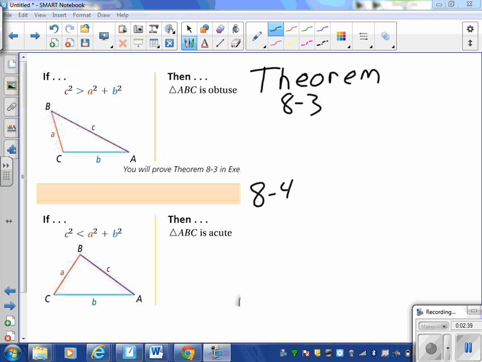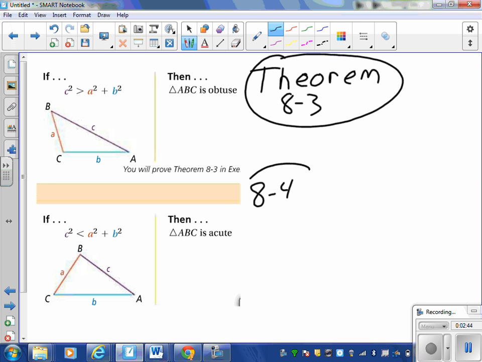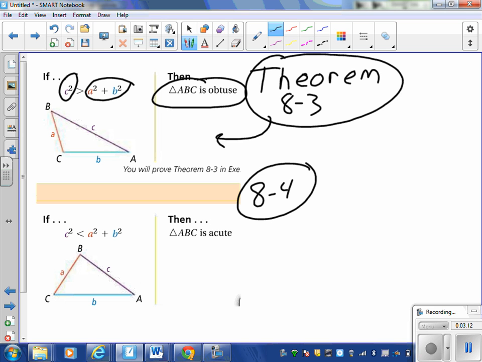I'd like to point out two theorems to you. Theorem 8.3 and theorem 8.4. 8.3 tells us that if we have a triangle where c squared is greater than a squared plus b squared, if that is true, then the triangle is an obtuse triangle.